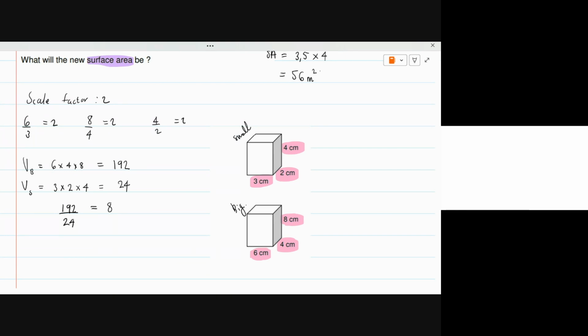Our scale factor is 2. How did we get from 2 to 8? That's it, princess. Even though my scale factor is 2, for the volume it needs to be 2 cubed.